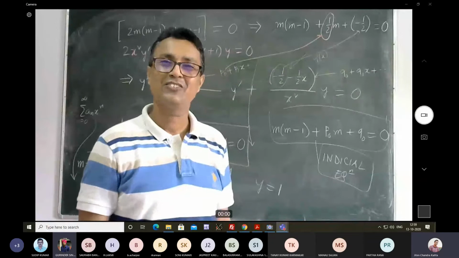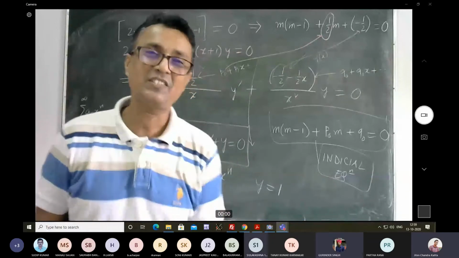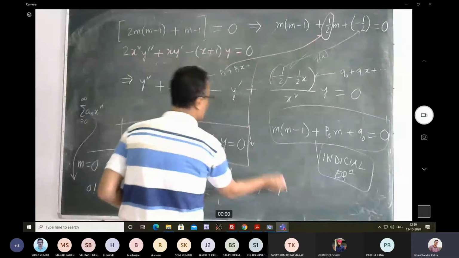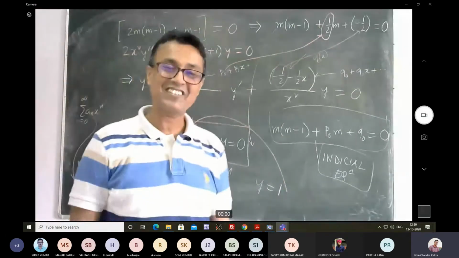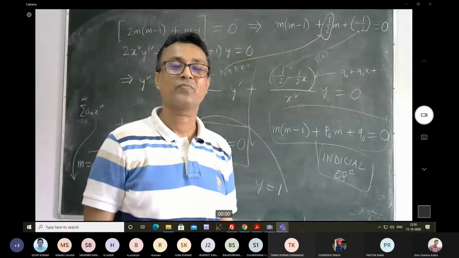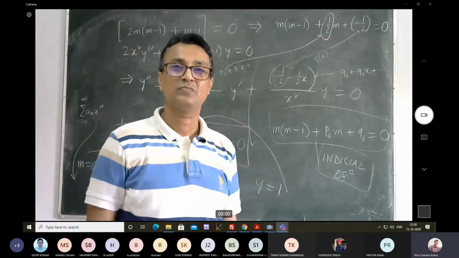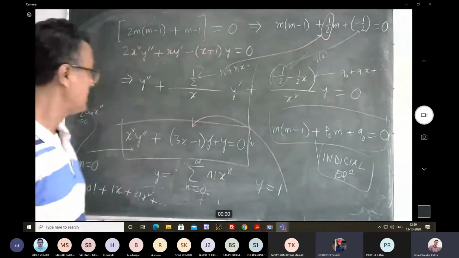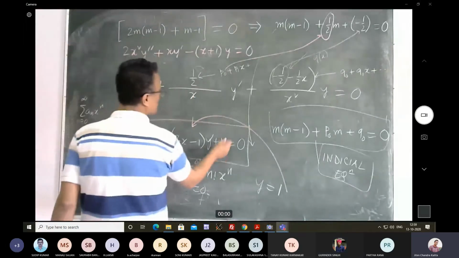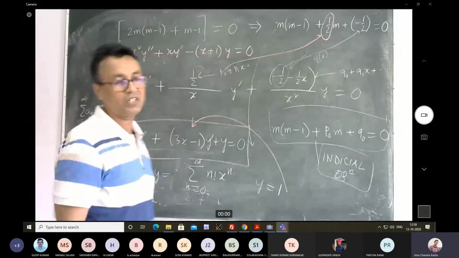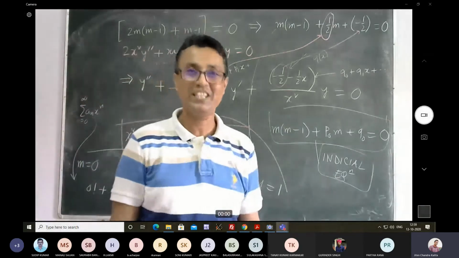Now, if you plug in y equal to 1 as the solution here, does it satisfy the given differential equation? No. Because here I am going to get y equal to 1, but this part is definitely going to give you 0, so I'm getting 1 equal to 0, right?